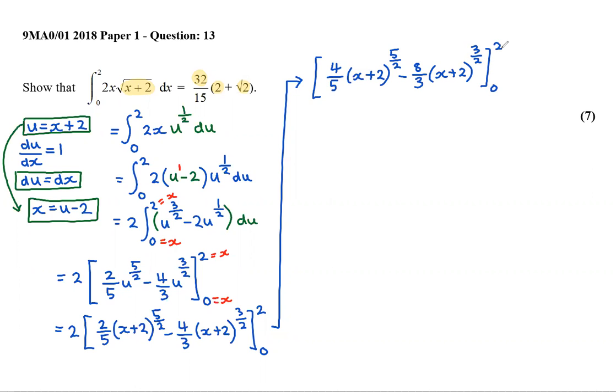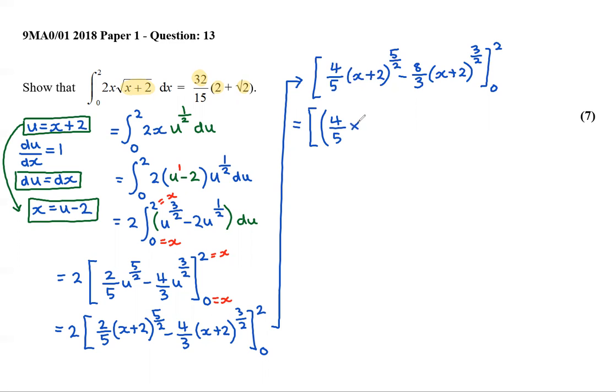Okay, let's substitute everything in. So this is going to equal, I'm going to keep my big square brackets here. Okay, upper limit, so that's going to be 4 over 5. Now, if I do 2 plus 2, that's obviously going to be 4.